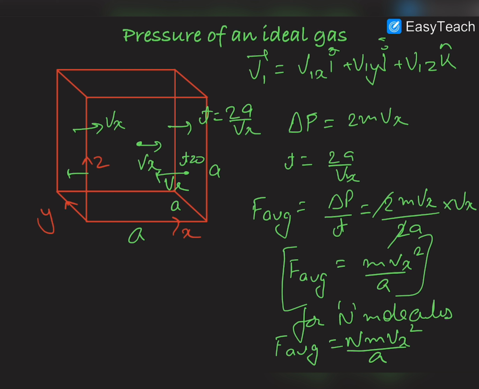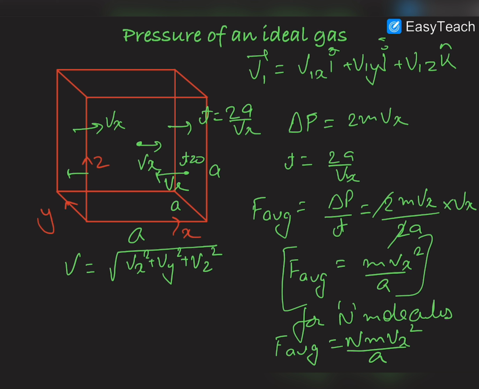Now you can see that this is the total average force, and the net speed of any one molecule will be under root of vx square plus vy square plus vz square, and these vx, vy, vz are the random speeds in all three directions.